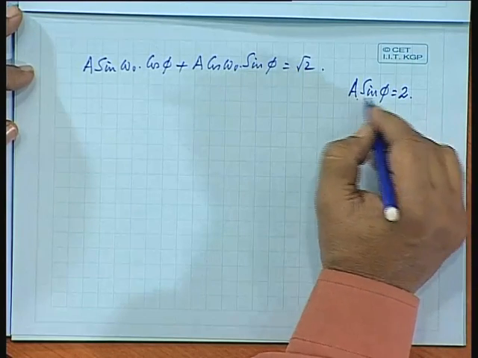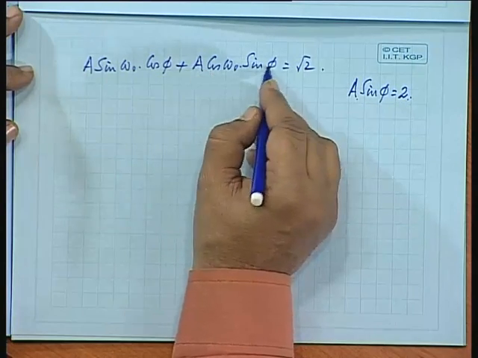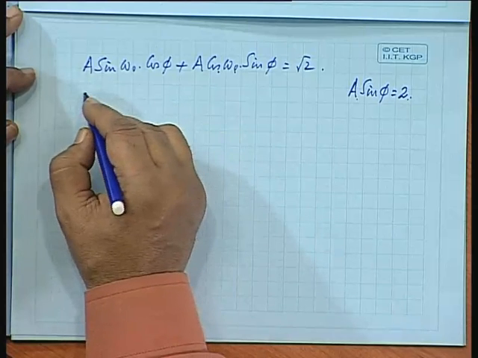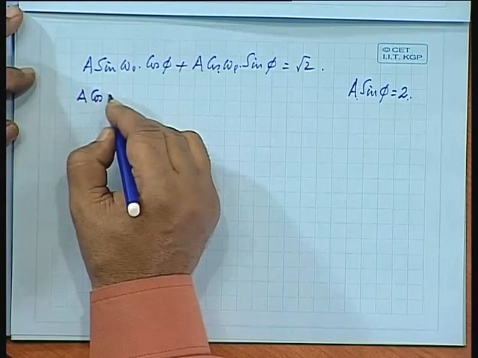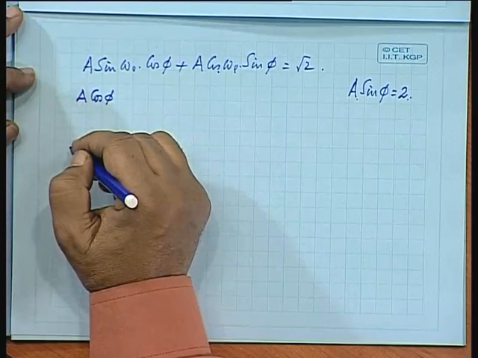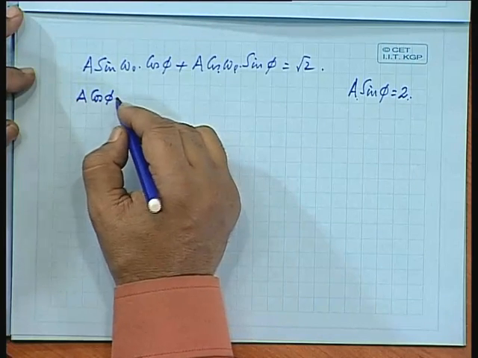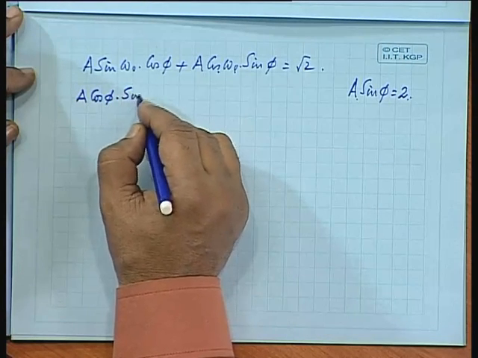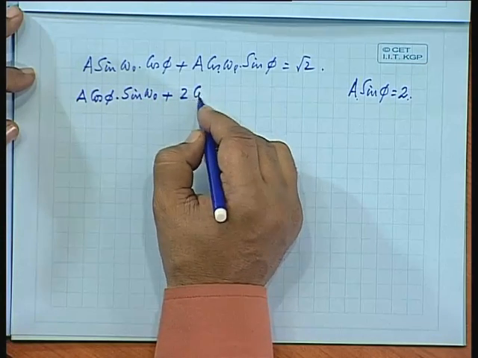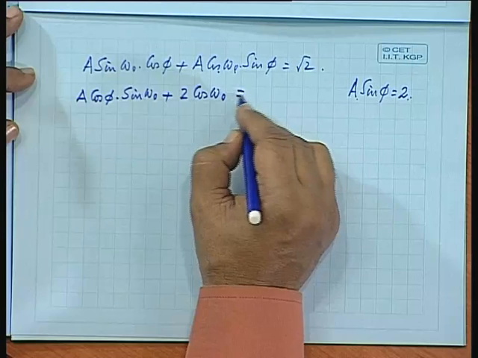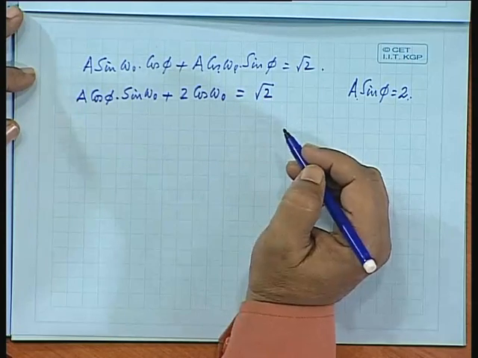Okay. So, if I put A sin phi is equal to 2, this A sin phi will become 2. So, A cos phi sin omega naught plus 2 cos omega naught is equal to root 2.